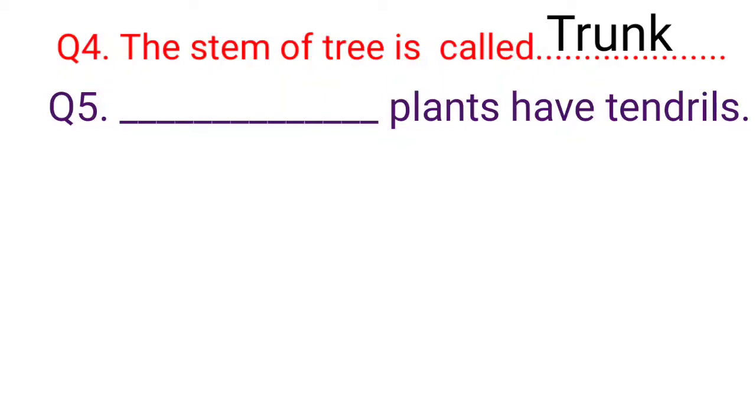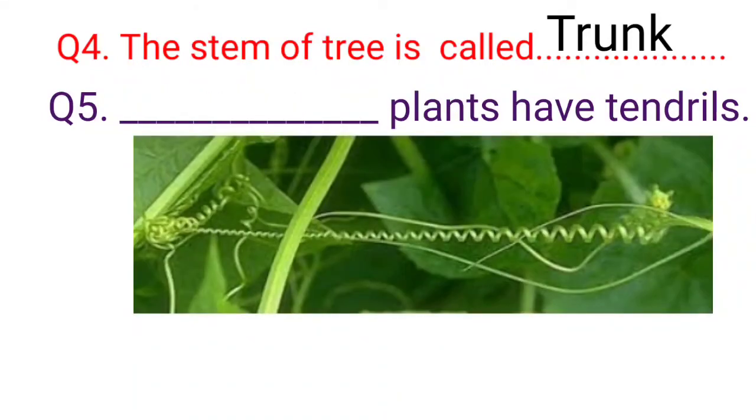Question number 5. Dash plants have tendrils. Yes, my dear students, think and answer. Oh yes, beta. Climbers are the plants which have tendrils, as you see in the given picture. These spring-like structures are called tendrils because the stem of the climber plants are very thin, delicate, and not able to stand upright.